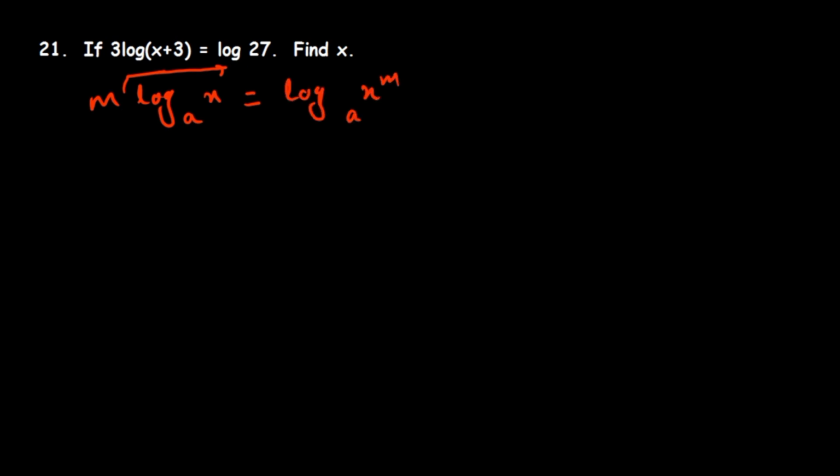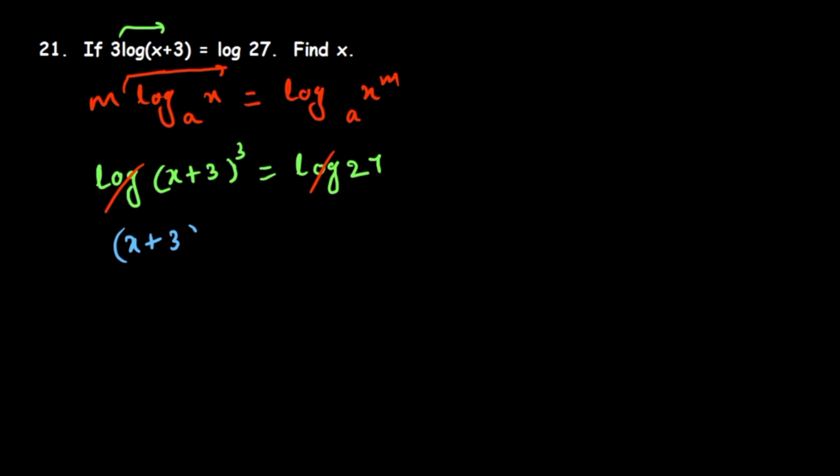So we write now this one, log (x plus 3) whole cube, that equal log 27, correct? Okay, now we can cancel this log on both sides. Then we have the remaining (x plus 3) whole cube is equal to 27. Then (x plus 3) whole cube equal to this 27, we write as 3 cube, correct?